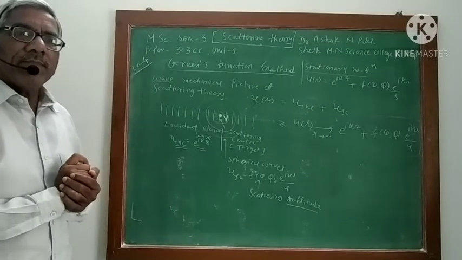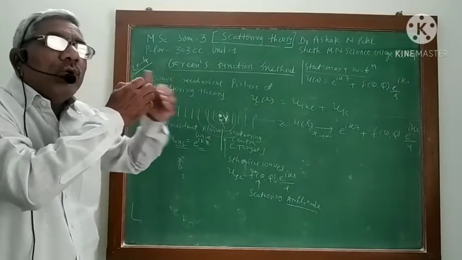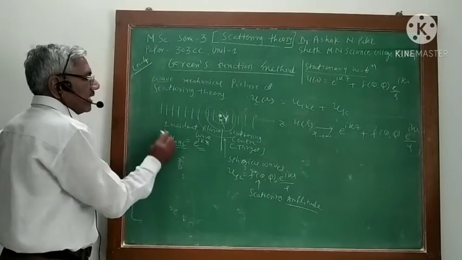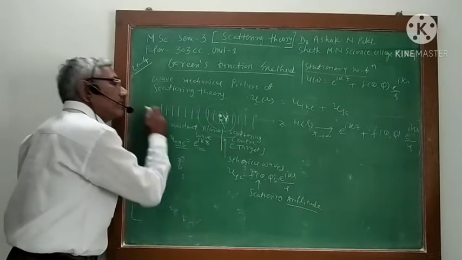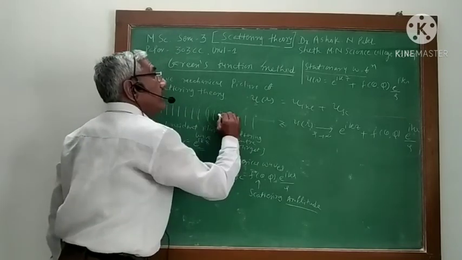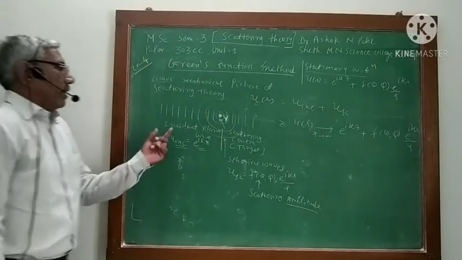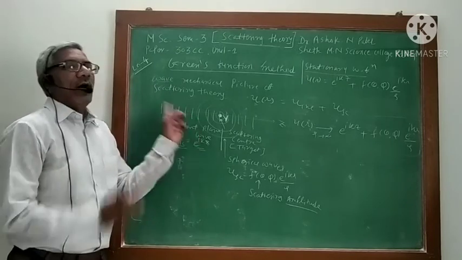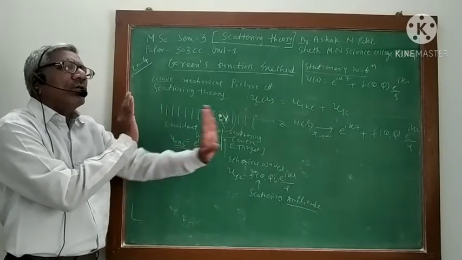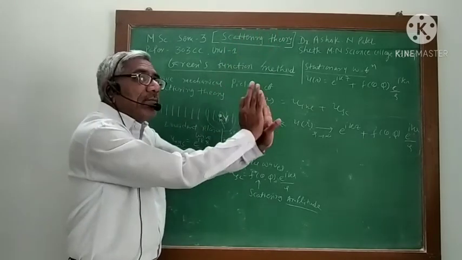Why is it called stationary? Stationary means if anything is steady, the situation remains the same over time. Here the incident plane waves are the same over time, and the scattering center is the same, so the scattered wave function will also remain the same. The incident particles are coming at the same rate, the flow is constant, and the target is the same, so the scattering will be the same with time.